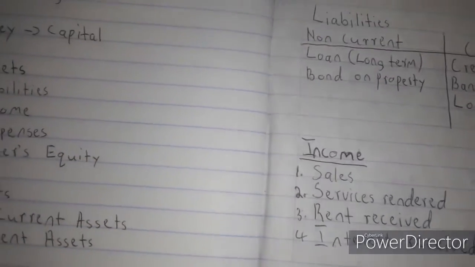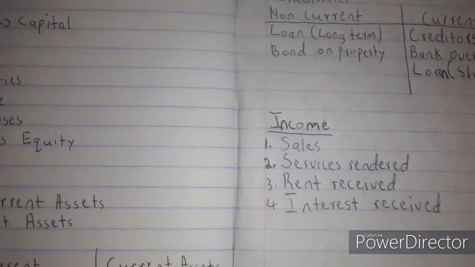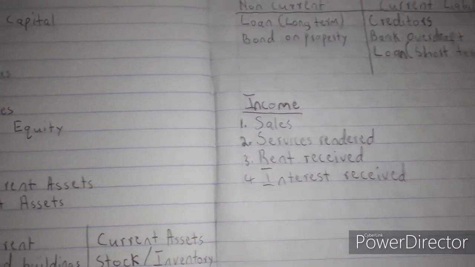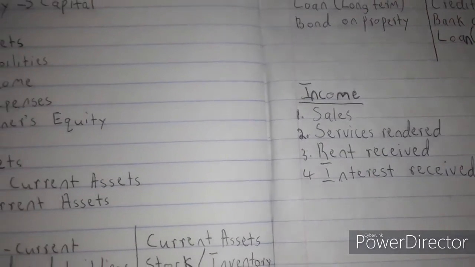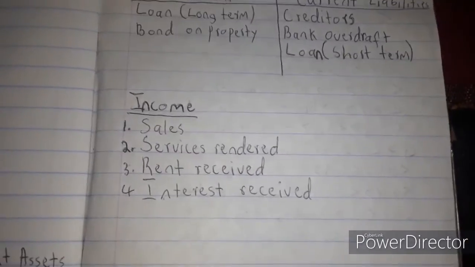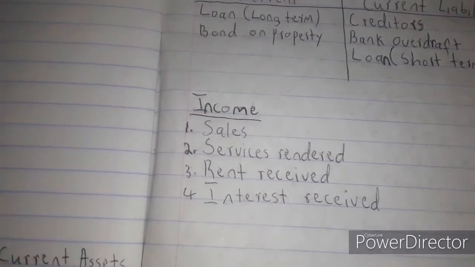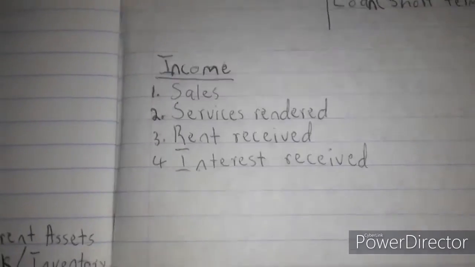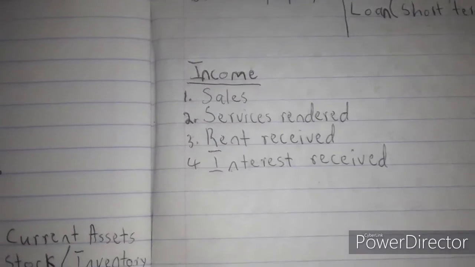Maybe we have debtors. We provided a service, or we sold goods for credit.